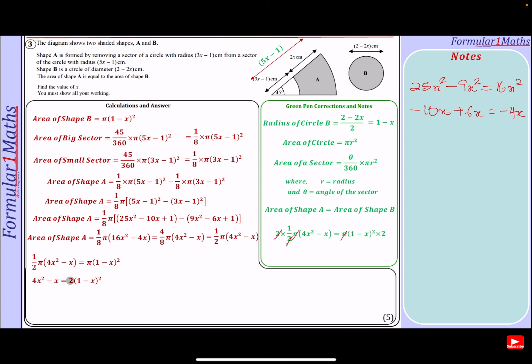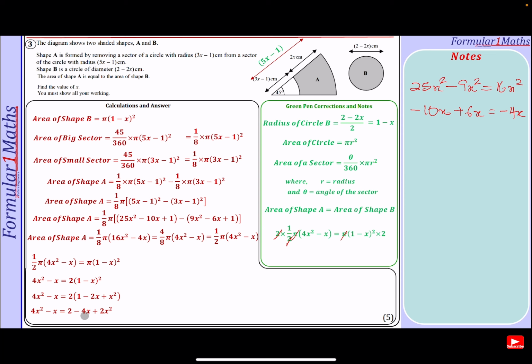Then I expand this thing here, 1 minus x all squared, to get that. And then I'll open up the brackets to get that. Then I will rearrange to bring like terms together to form a quadratic equation. So plus 2x squared will come over to be minus 2x squared.